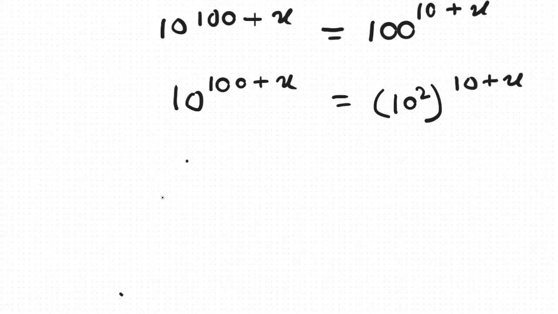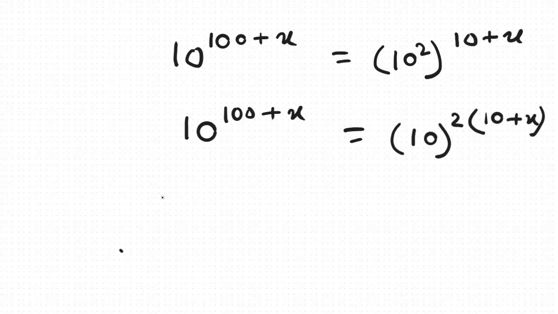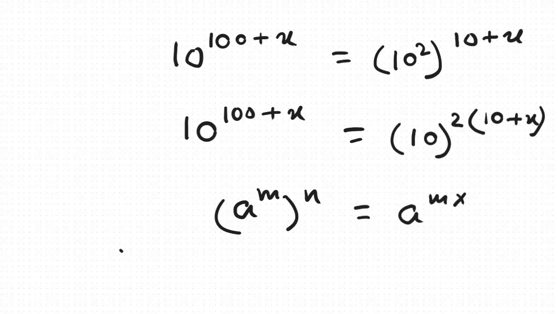Then 10 to the power 100 plus x equals 10 to the power 2 times 10 plus x, because if we have something like this, a to the power m to the power n, we can write it as a to the power m times n.